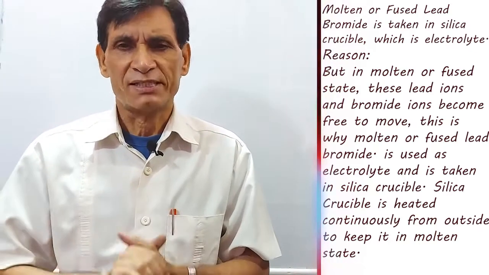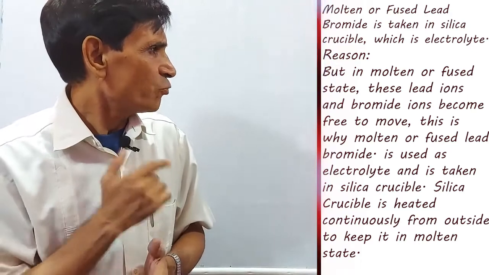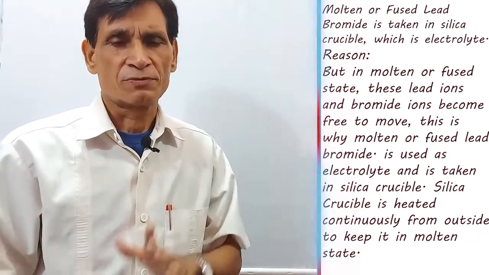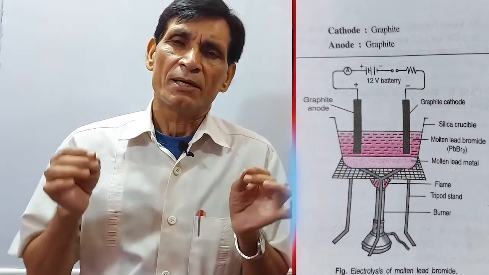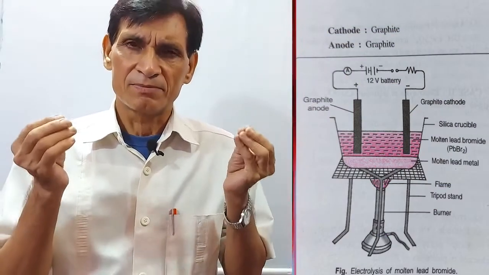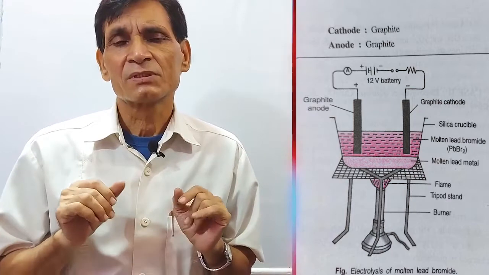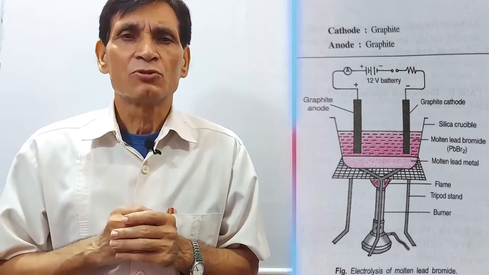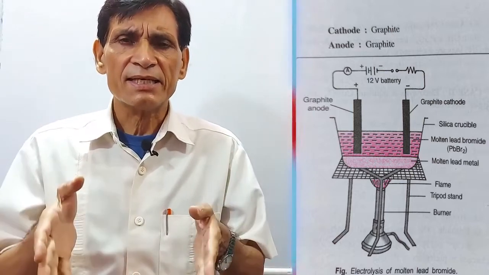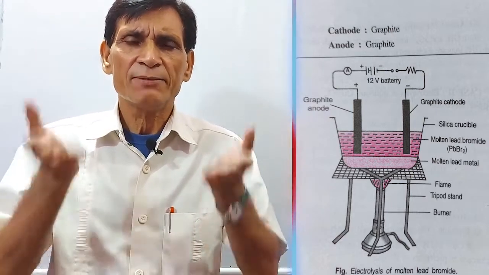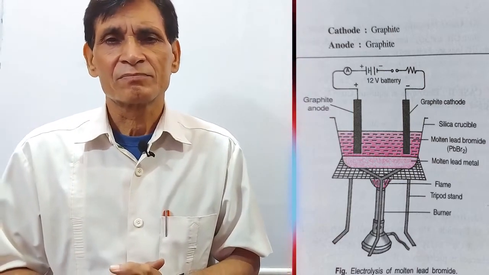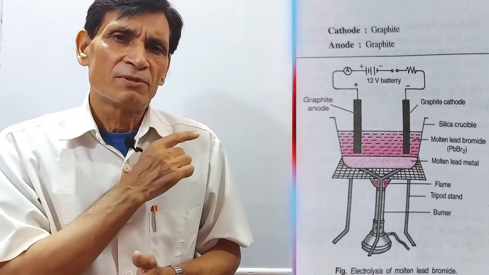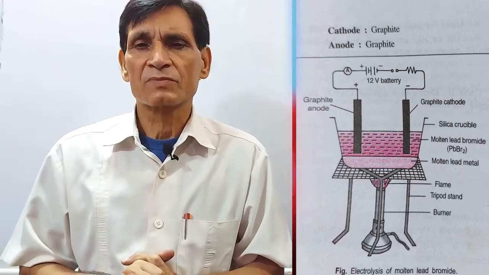Now, third point is electrode. A metal wire or plate or graphite rod or carbon rod through which current enters and leaves the electrolytic cell is called an electrode. Here, A, anode.